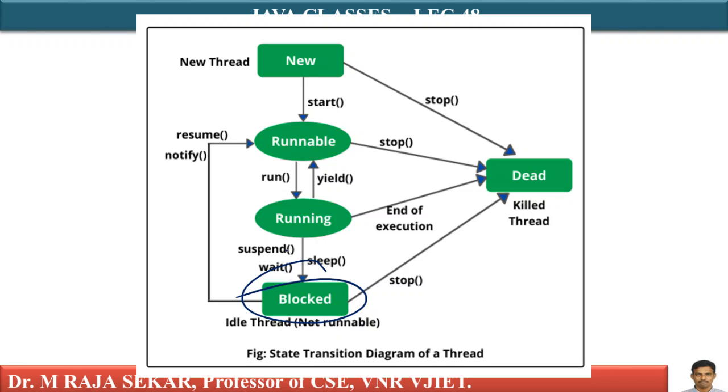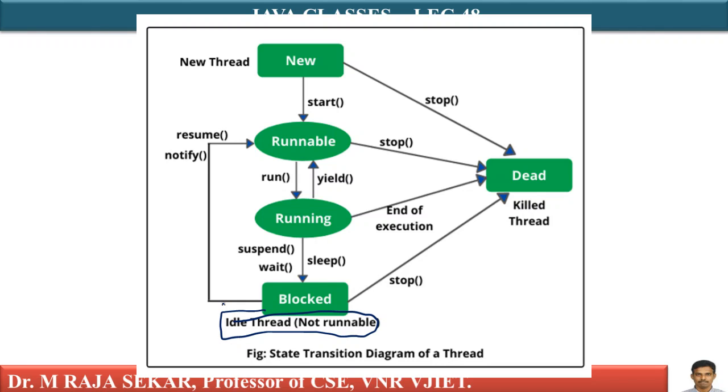A thread which is active can be made inactive by using stop method. These are the methods. You can understand what is blocked state. Let me simply explain this one. It is an idle thread. It is not a runnable thread.